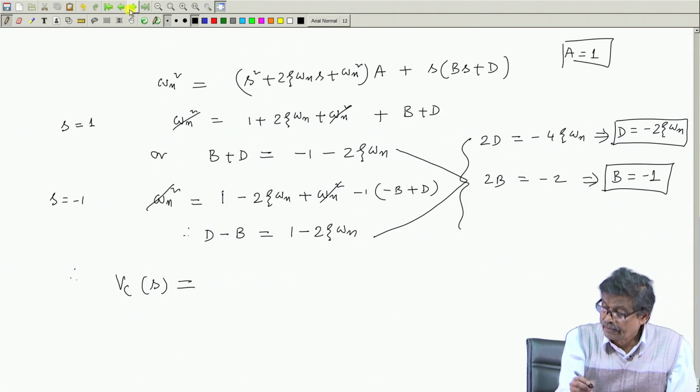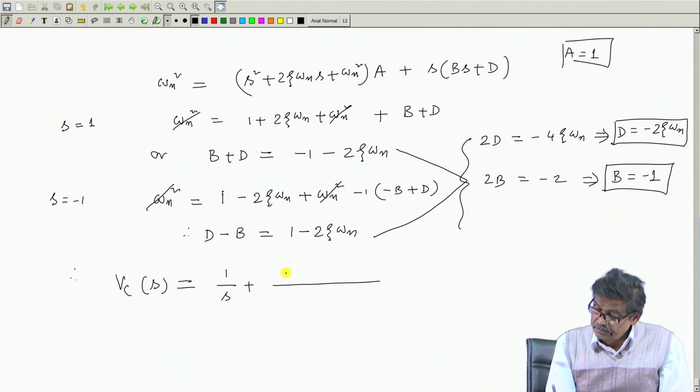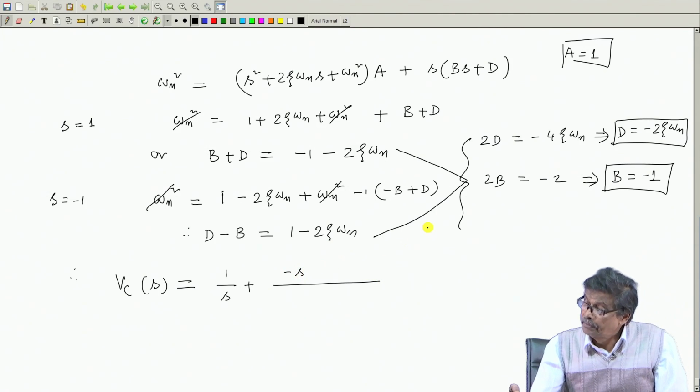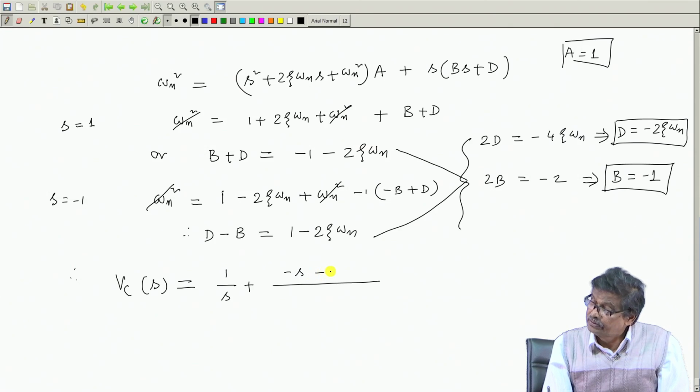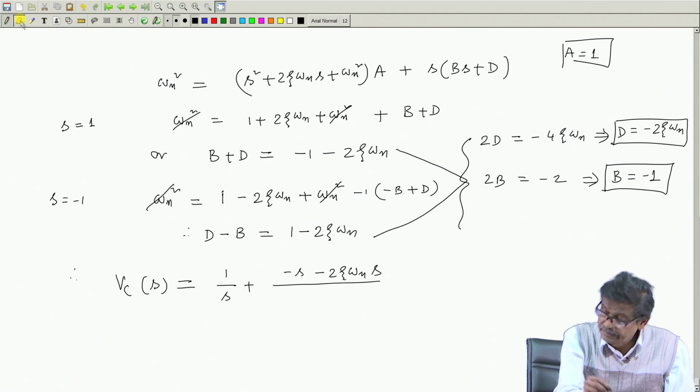So, A by S, A was 1, A by S plus Bs plus D, that is minus s plus D, means minus 2 zeta omega n into S. Some mistake here.